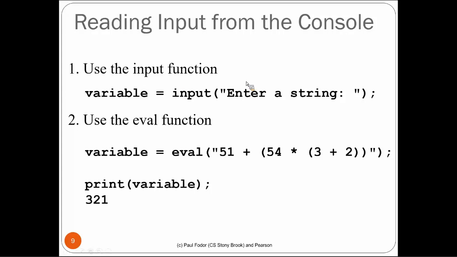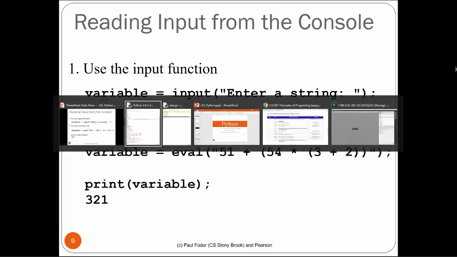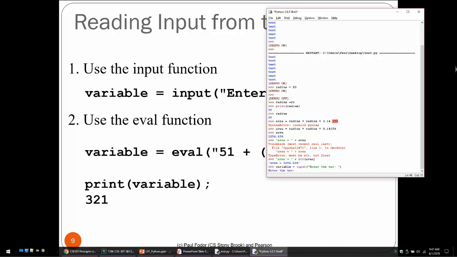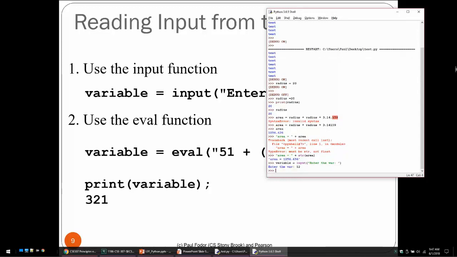So let's test both of these examples in Python. Again, we are going to go to the Python shell. First, we are going to define some variable. Let's say variable is equal with input, and we prompt the user to enter a variable. You can use either single quotes or double quotes in Python. Internally, it doesn't really matter how strings are represented.